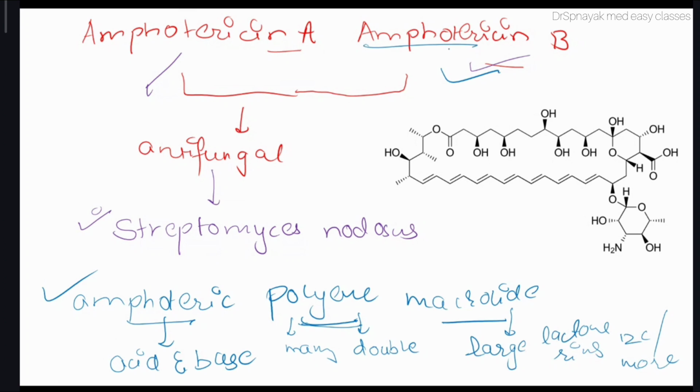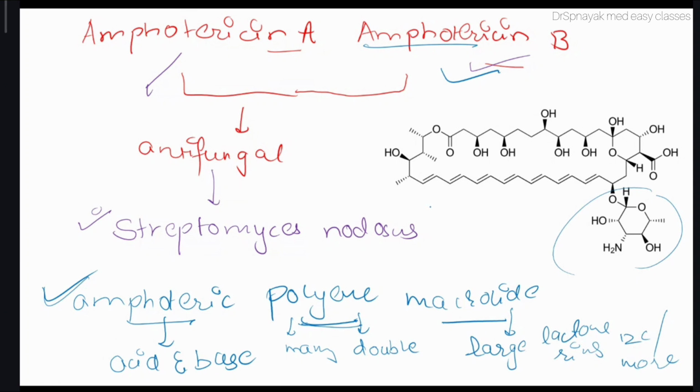So from its name, amphotericin B is amphoteric, meaning it acts as both acid and base; it is a polyene, containing a lot of double bonds; and it is a macrolide, having a large lactone ring.